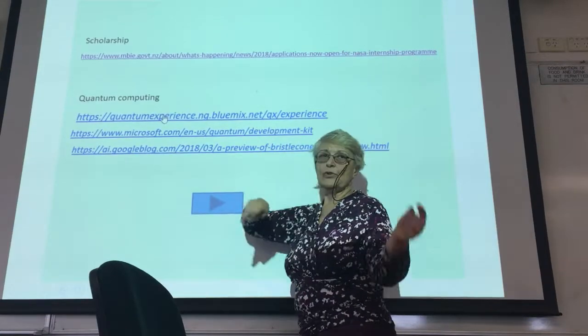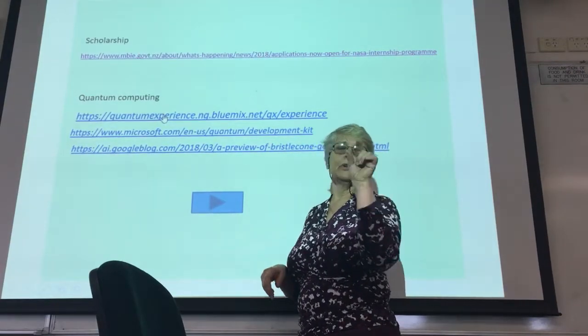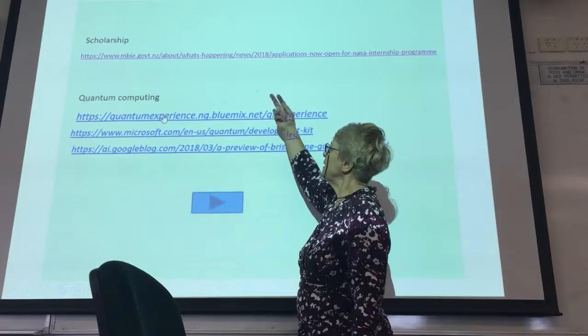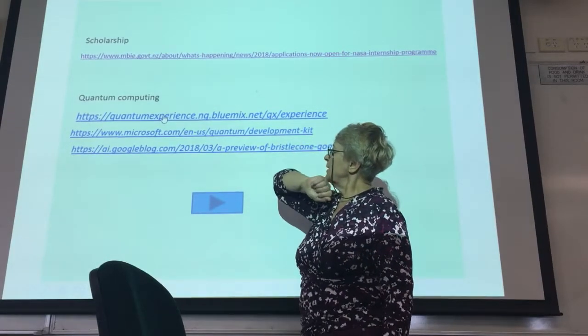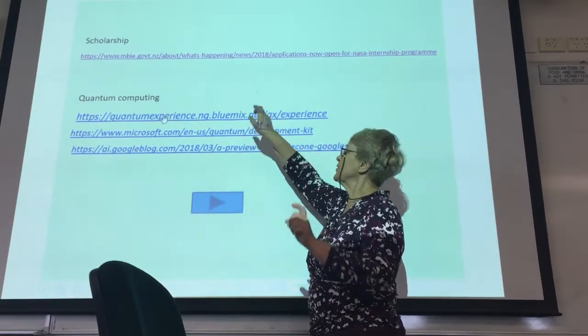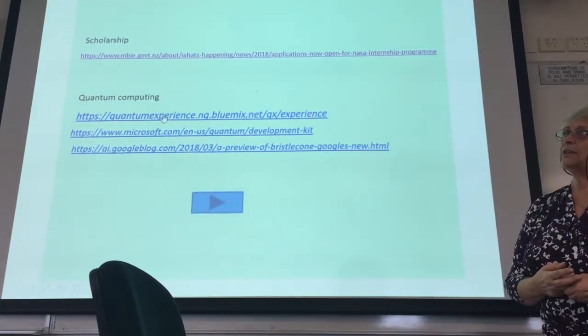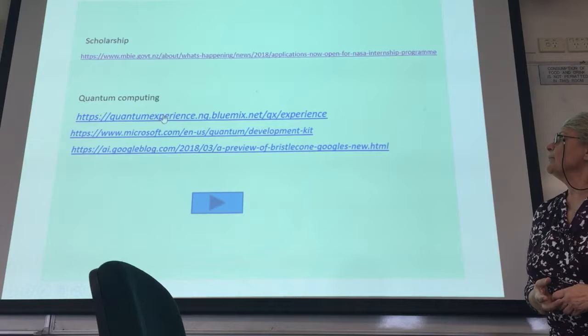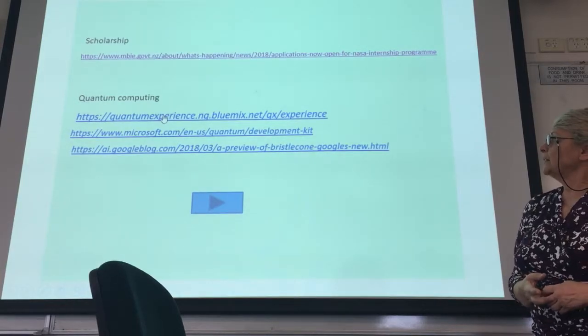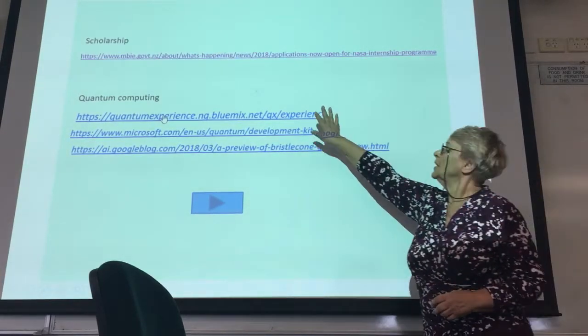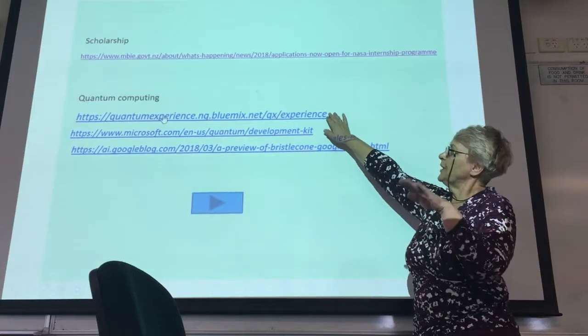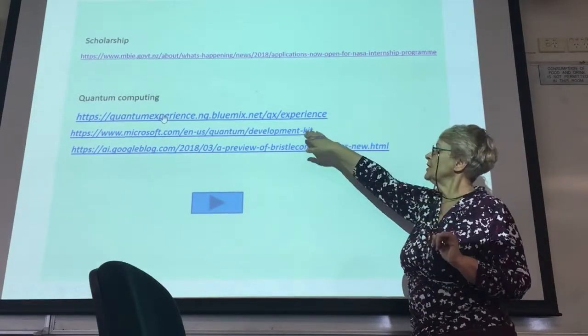This gives you access to a real quantum computer with 20 qubits, equivalent to the bits, and Google has a little bit more, 40 qubits. Anyway, but this is monitored and mostly for researchers.